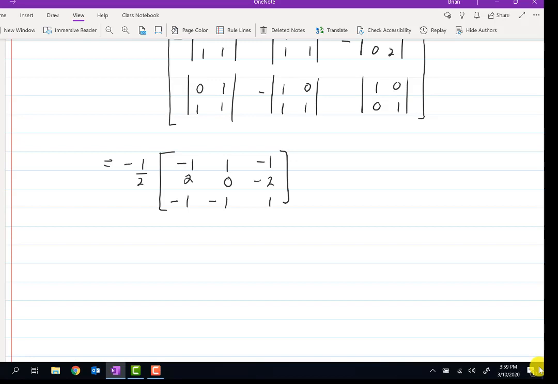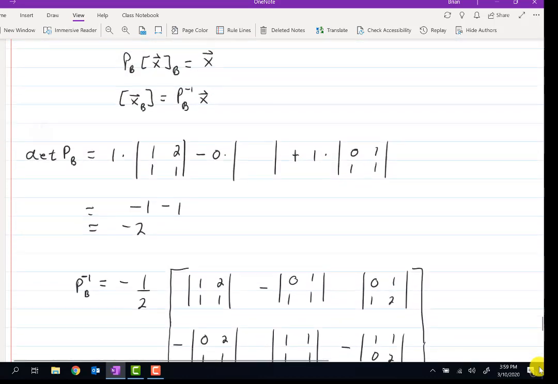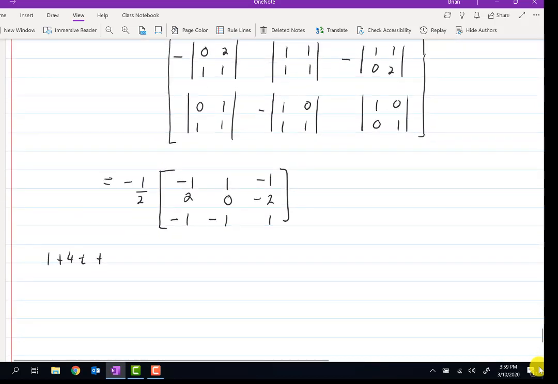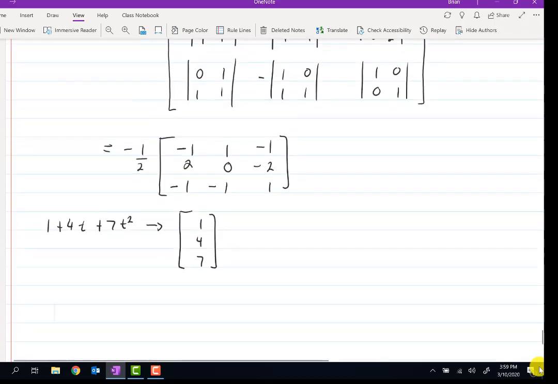Now then, we want 1 plus 4t plus, what was it? 7t squared. Now the standard basis for this makes this look like a 1, 4, and a 7. So that's what I'm aiming for as far as changing it to all of these.